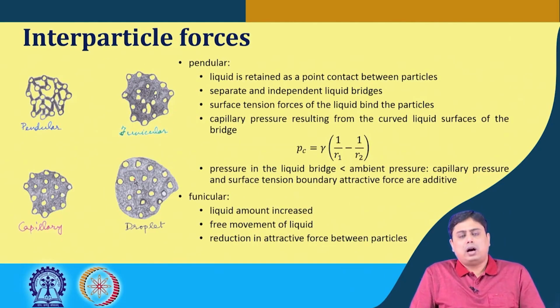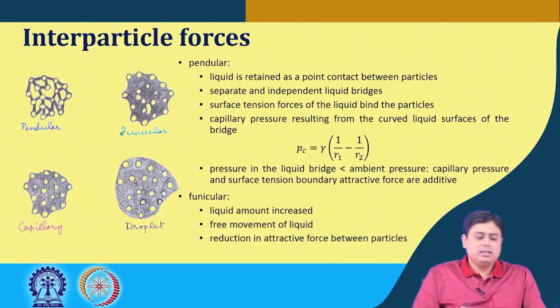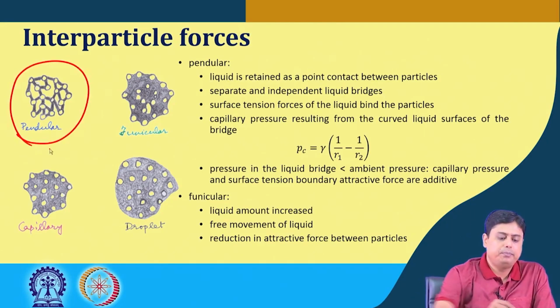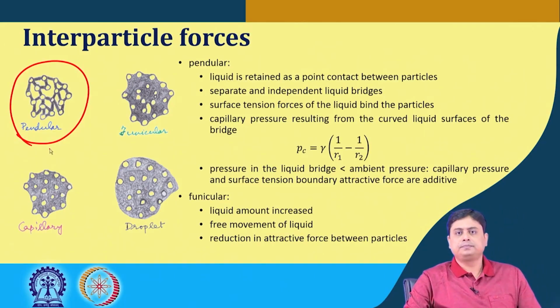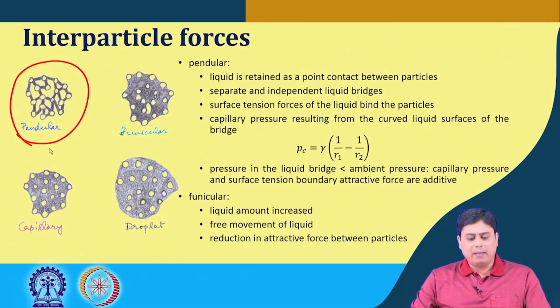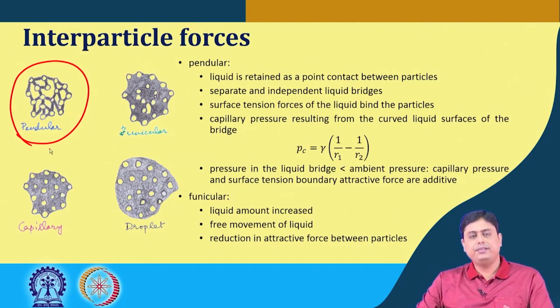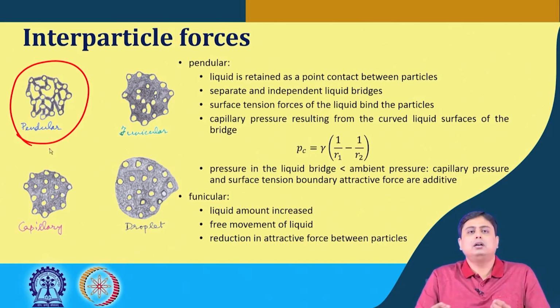So, what are those stages, what happens there, and how does it look? This is the state we call the pendular stage. What happens here? Liquid is retained as a point contact between the particles, in the form of a liquid bridge.